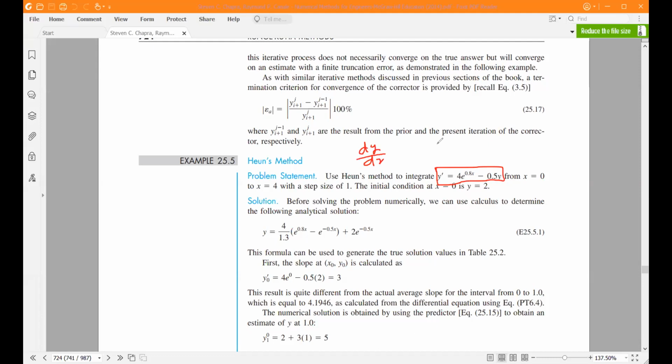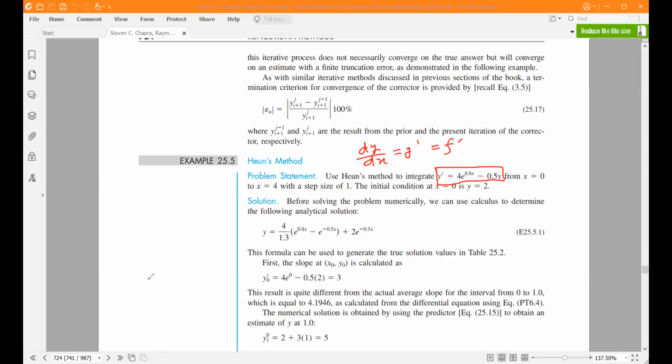And you see that in our general derivation, f was thought of as a function of x and y. That means the function of both your independent variable and dependent variable. So in this example, your dy by dx equals 4 e to the power minus 0.8x minus 0.5y, isn't it?